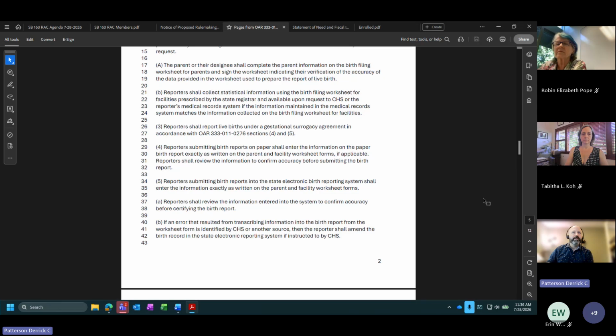Section 4, reporters submitting birth reports on paper shall enter the information on the paper birth report exactly as written on the parent and facility worksheet forms, if applicable. Reporters shall review the information to confirm accuracy before submitting the birth report. Anything for section 4?